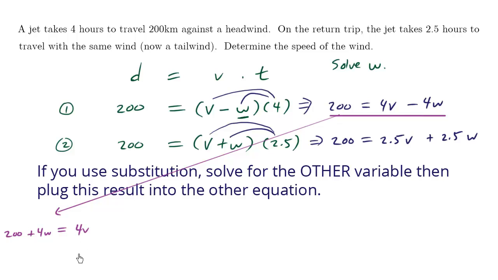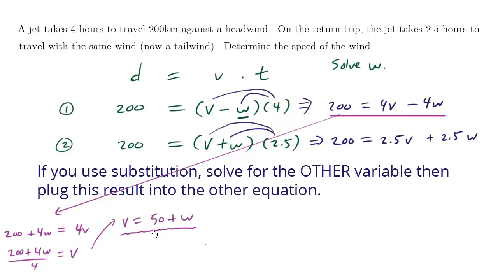Going to divide both sides by 4, and I get v equals (200 plus 4w) over 4. This means that v equals 200 divided by 4 is 50, and 4w divided by 4 is w. So this is plus w. So verify that v equals 50 plus w.